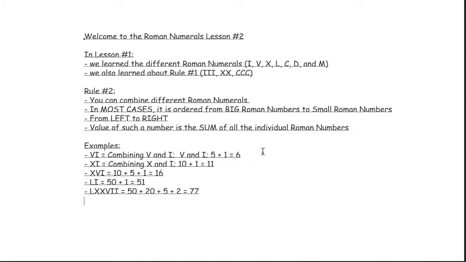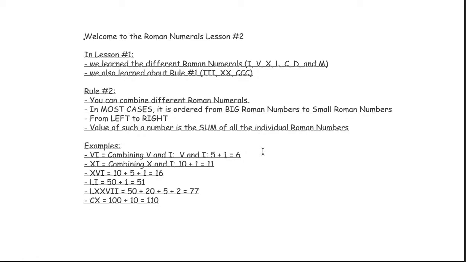Okay. Now let's introduce C. C and X, and again ordered from big to small. C is big, X is smaller than C, and the value for that is C we know is 100, X we know to be 10, and therefore the value is 110.